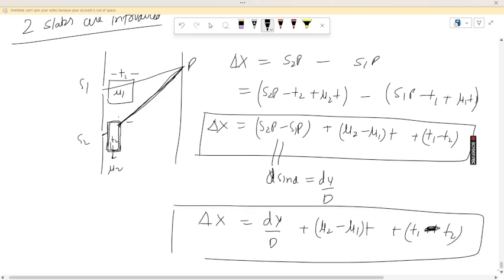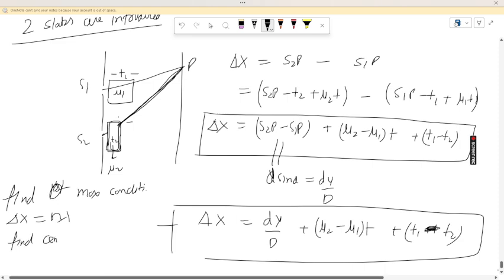Now if the question says to find the maxima condition, you just put delta x equal to n lambda, and you can calculate all these values. If the question says to find the central maxima, that means where the path difference is 0, so you put delta x equal to 0 and you will get some value.